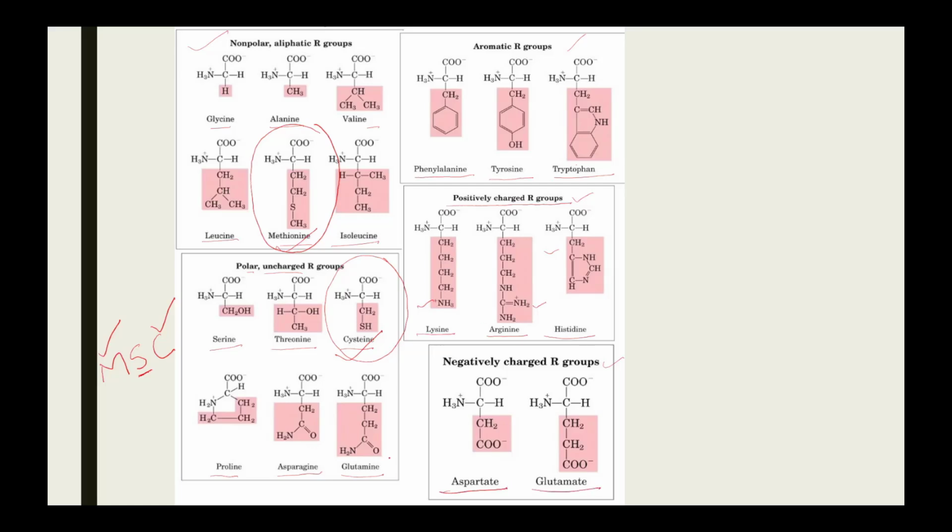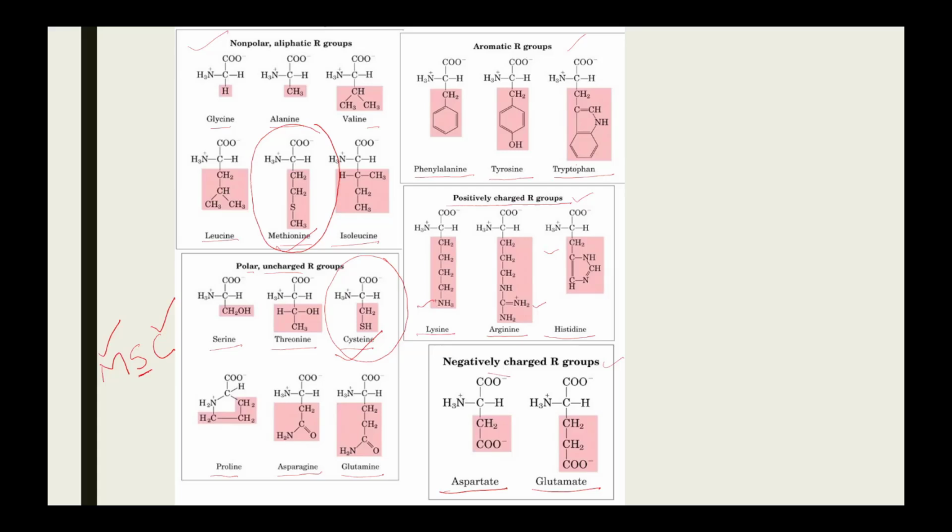These positively and negatively charged R groups are present in the active site of any enzyme, which is important for the interaction of the substrate with the enzyme. So there we can see the role of these charged R groups.